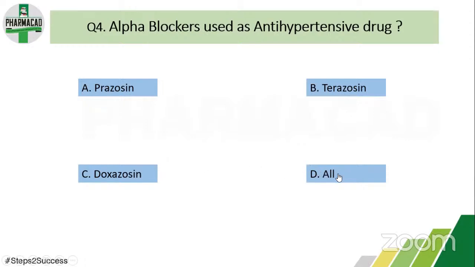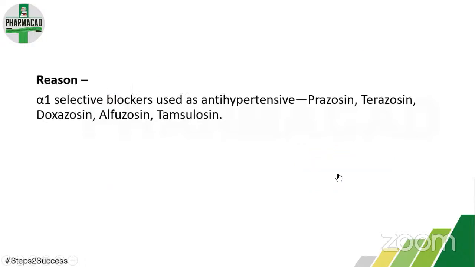So the answer here would be all, because these are alpha 1 selective blockers used as antihypertensive drugs. The others in this class would include alfuzosin and tamsulosin.